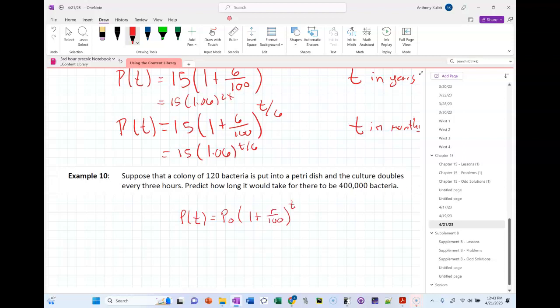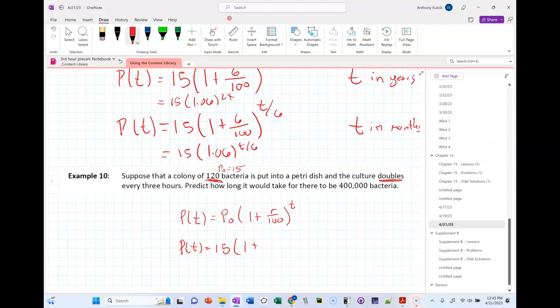So what is the 120? That's our P naught. The 0 is like a knot. Okay. That looks good to me. And what is our R? Would it be doubles every 3 hours?